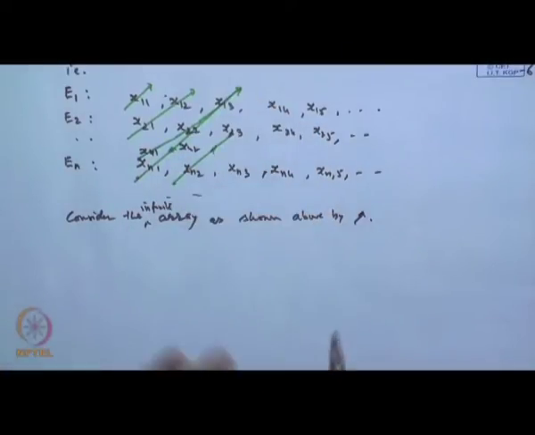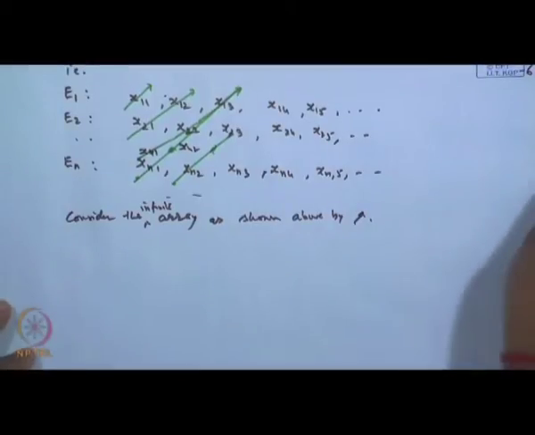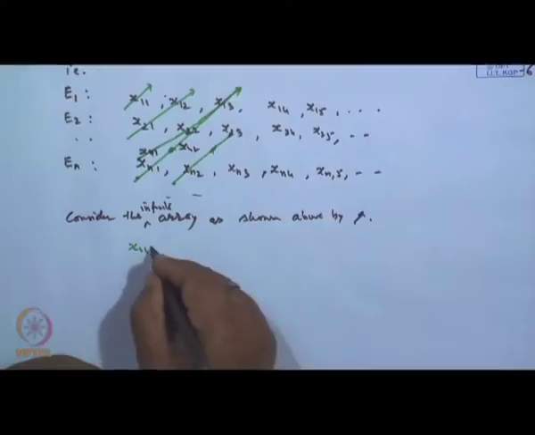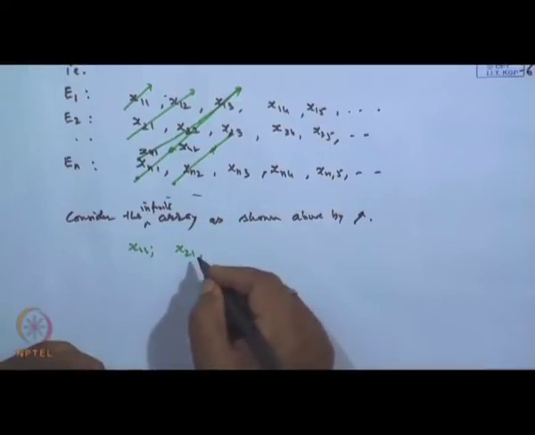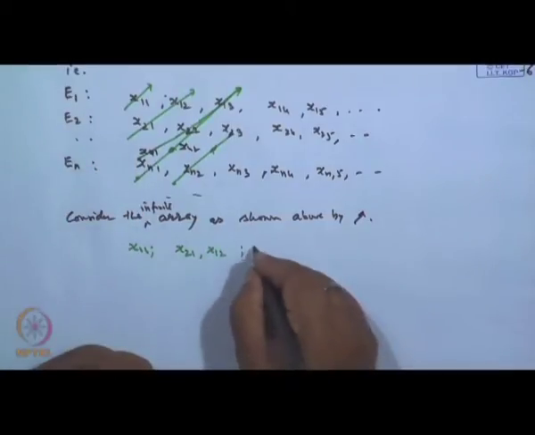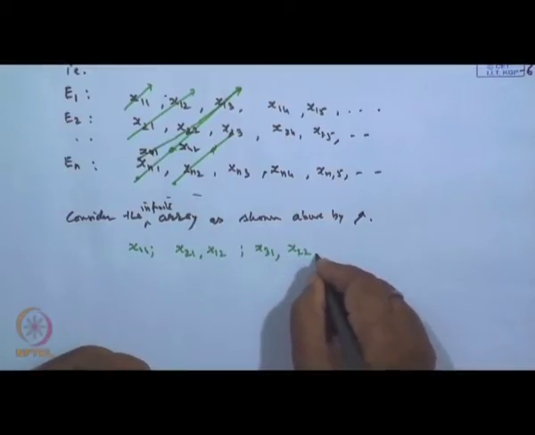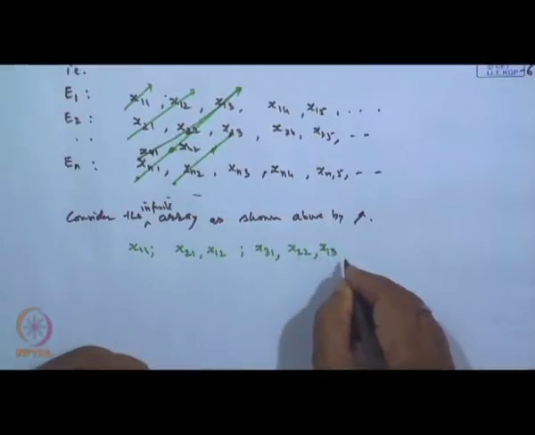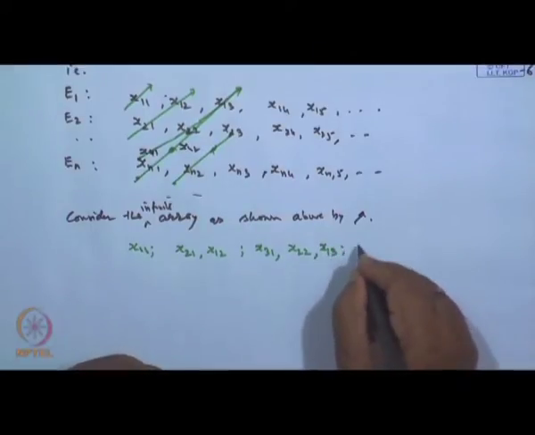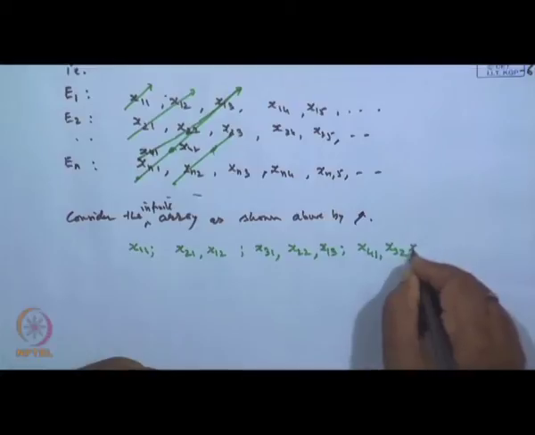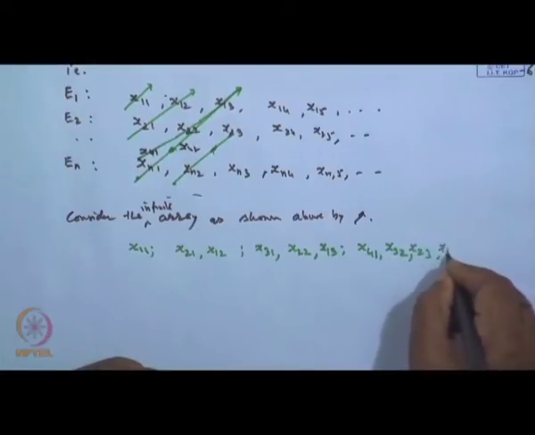So, if we continue this way, we are taking these rays like this. The first element we choose is x 1 1, then the second is x 2 1, x 1 2, then the third ray x 3 1, x 2 2, x 1 3, and the fourth is x 4 1, x 3 2, x 2 3, and then x 1 4, like this.